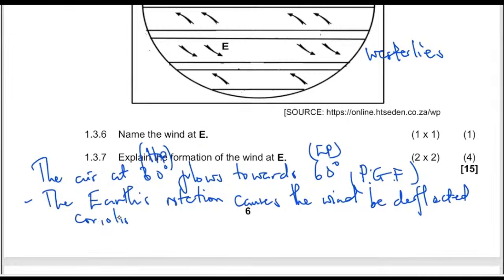Because of Coriolis force, the winds tend to be deflected. They attain another direction, which is not a straight direction. Because of the deflective effect, remember Ferrel's law, winds are deflected to the left in the southern hemisphere and to the right in the northern hemisphere. So because of the deflection, winds appear to come from the west.